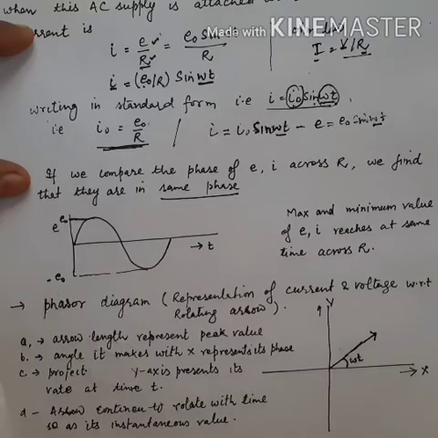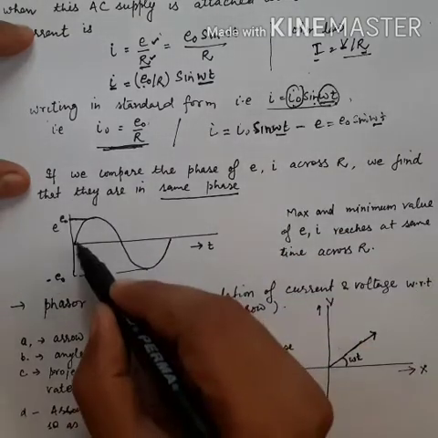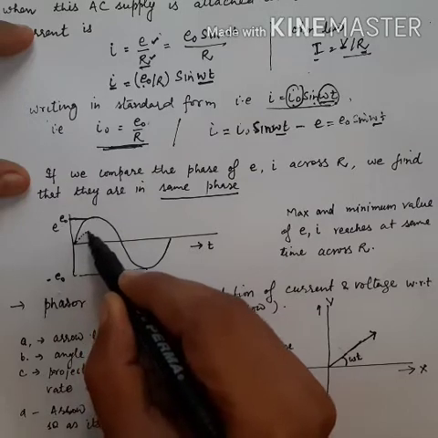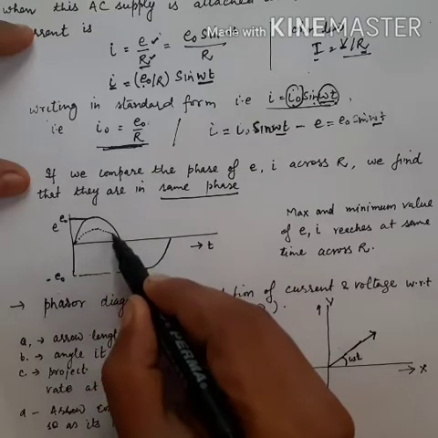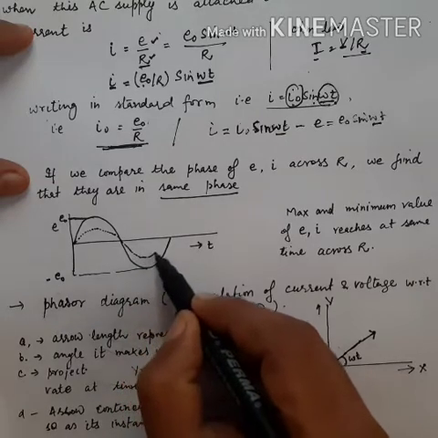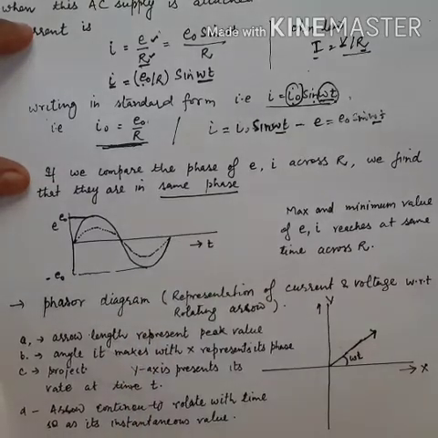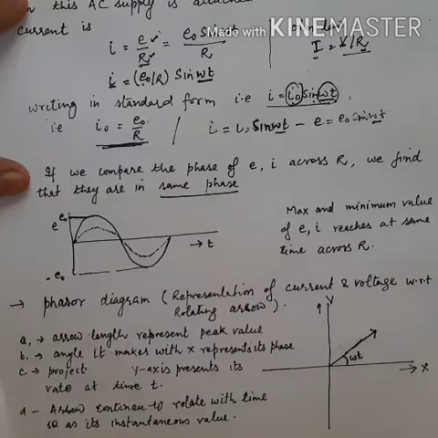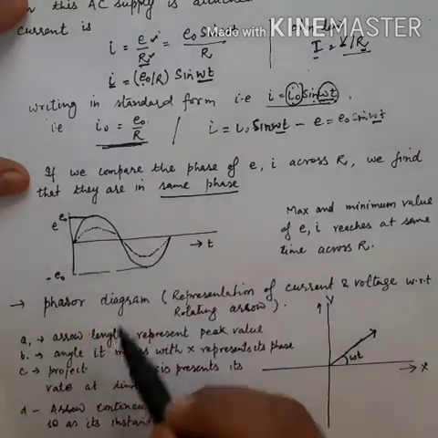Now according to this relation, the current across the resistor is given by this graph.